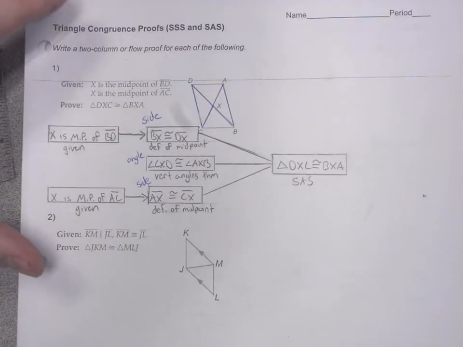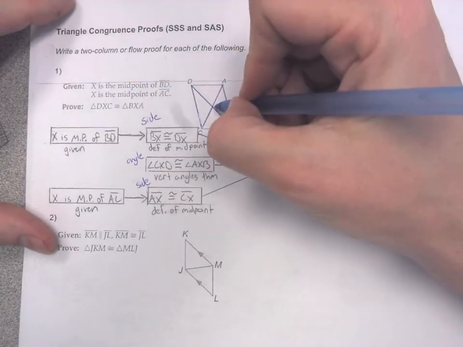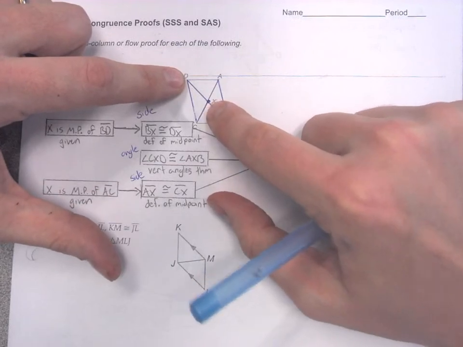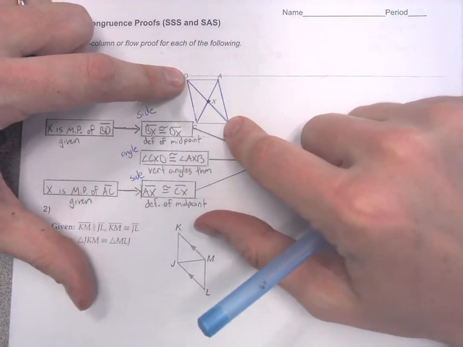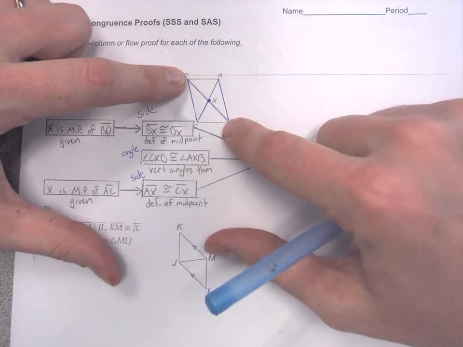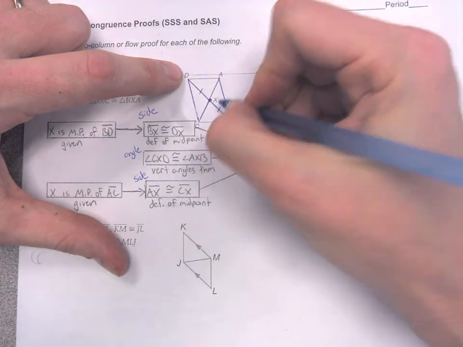Now, we talked about this in class a little bit, but if you missed that, what we know is that X is the midpoint of BD. So this is point X right here, and there's DB. X being the midpoint tells us that X is exactly halfway. The way we defined midpoint was that it's a point that cuts a segment into 2 congruent segments.